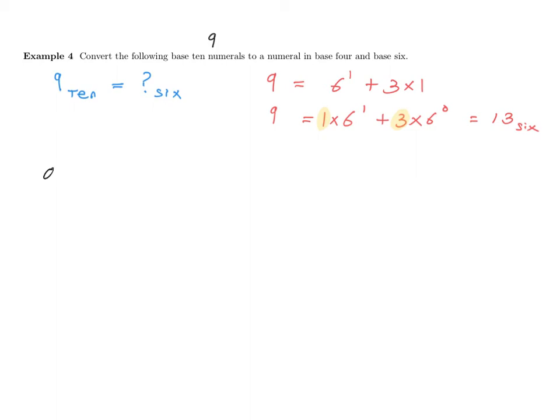So we have 9 base 10, and I want to somehow write that as something base 4. Okay, so again, using this trick, I want to write 9 with a sum with 4, and that's going to be 4 plus 5.